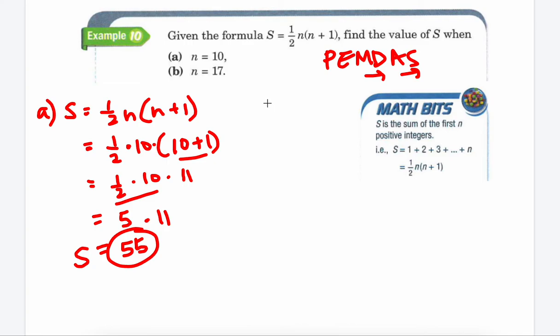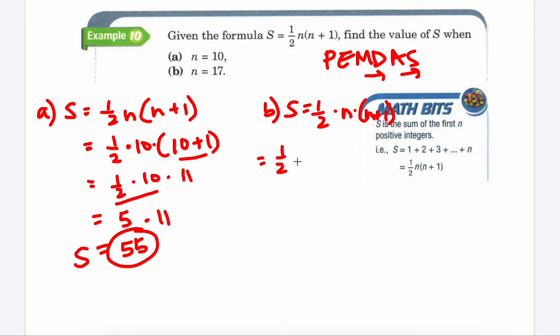Okay, let's try B. S equals 1/2 times n times n plus 1. Okay, so S equals, let me actually move it over a bit so I have room.